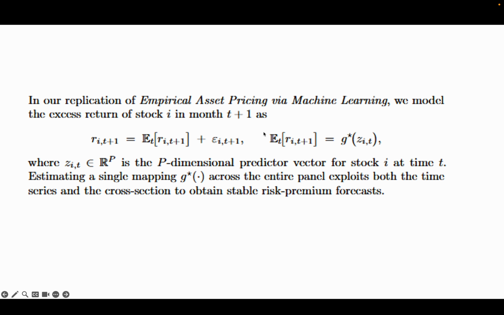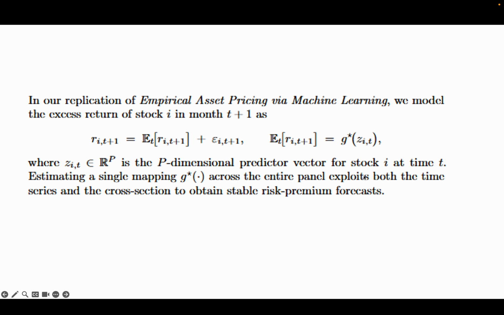Firstly, I will introduce our model. For the excess return of stock i in month t+1, we have a return R_{i,t+1}. We assume that the expectation of R_{i,t+1} is a function of z_{i,t}, which is a feature vector of stock i at time t.